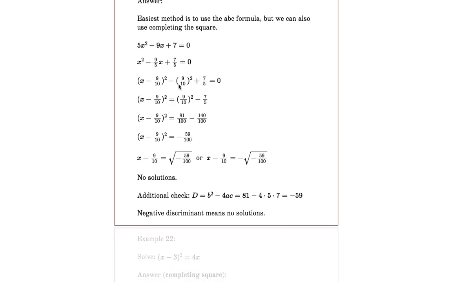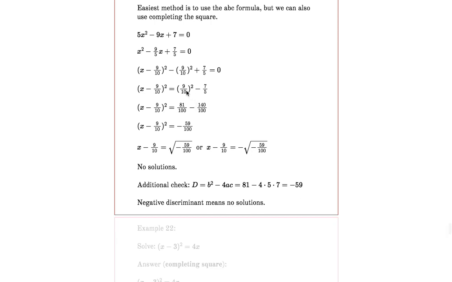We move these two to the other side, so this becomes 9/10 squared minus 7/5, and then 9/10 squared is 81/100, minus also 100 times 20, so both numerator and denominator times 20 is 140 and 100.